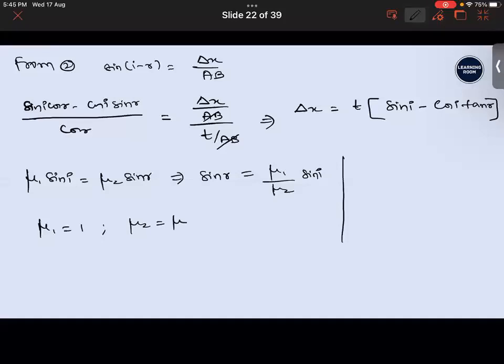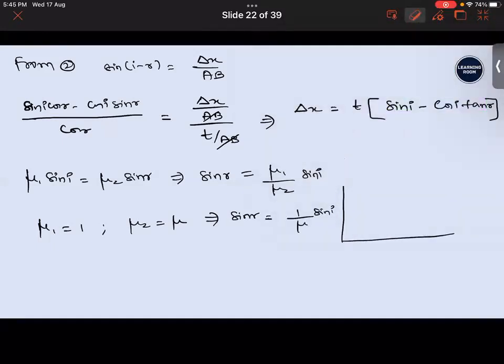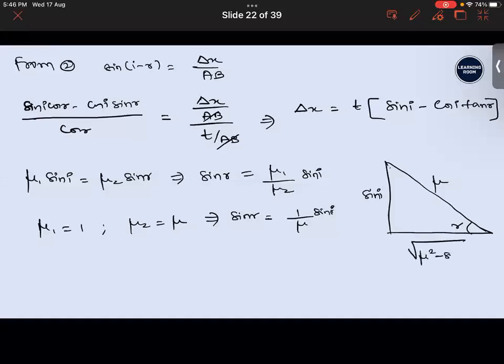And if I take mu2 is equal to mu, for instance, then that will imply sin r is equal to 1 divided by mu into sin I. So when you take the right angle triangle, if this angle is r, then this will be sin I, this will be mu, and the base will be root of mu square minus sin square.